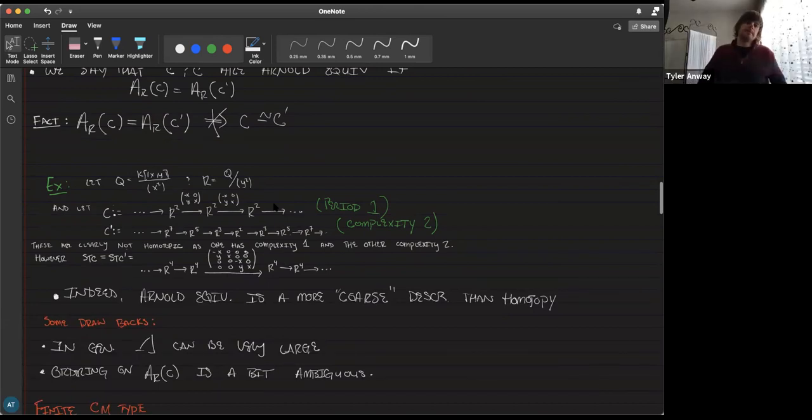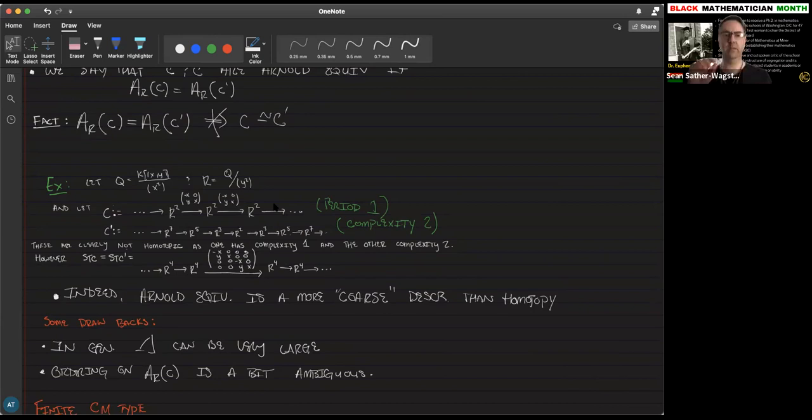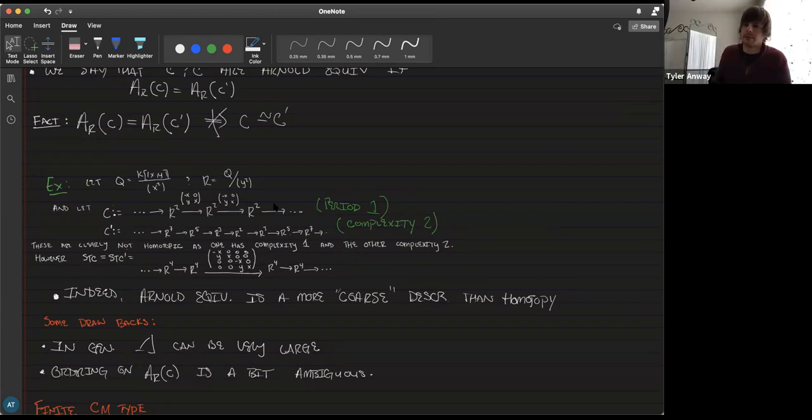Yeah, so we have that all totally acyclic complexes over something of codimension 1 are periodic, right?